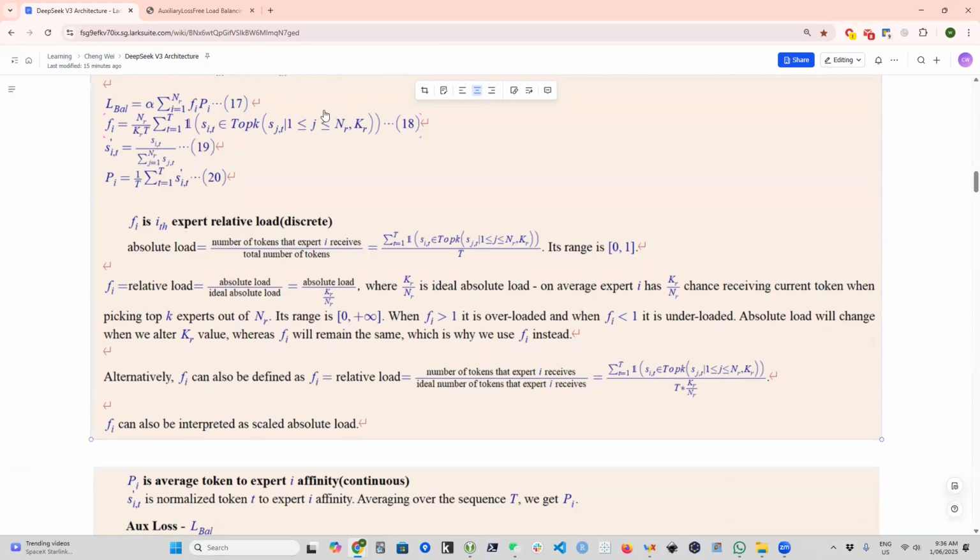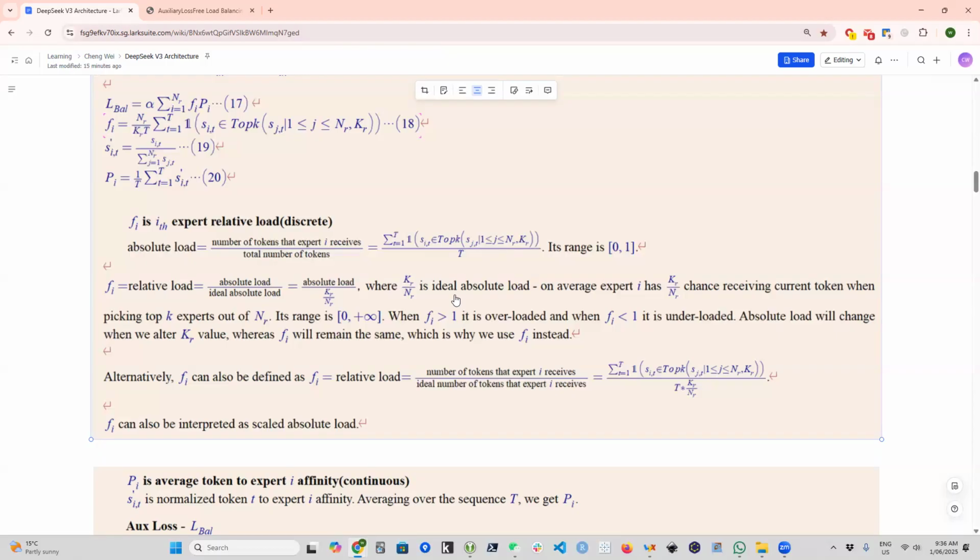This is my understanding. It could have some errors. So let's follow me first. If you find any error, let me know. So I understand it as a relative node. It's the absolute node divided by the ideal absolute node. So the absolute node is this one, right? We explained before.